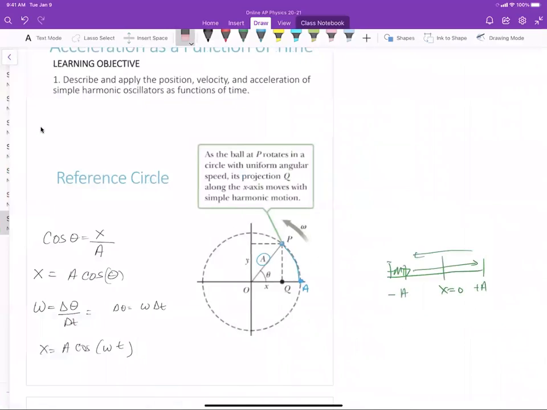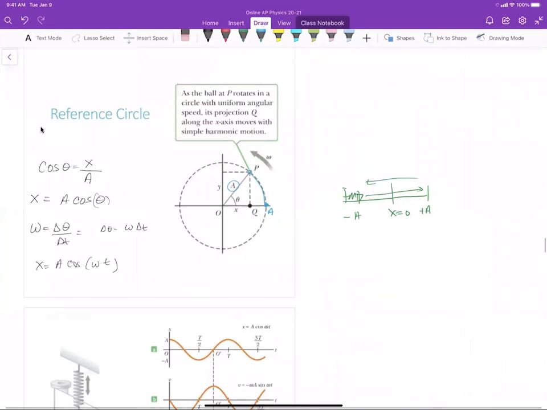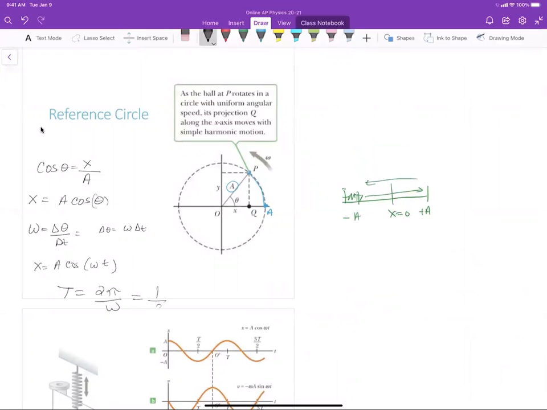Well, let's recall. What do we know about period is equal to 2 pi over omega, which is equal to 1 over its frequency. So let's focus on that part of that conversion factor. Solve for omega. We will find omega to equal 2 pi times the frequency.